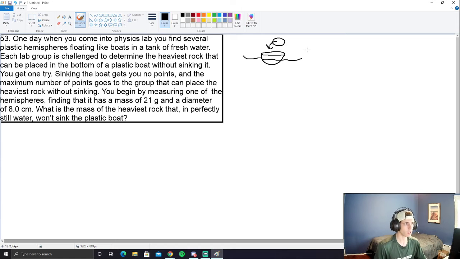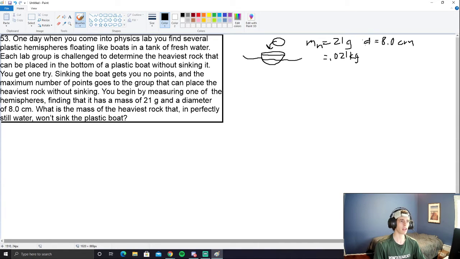plastic boat. So what we know is that the mass of this hemisphere is 21 grams. We also know that it has a diameter of 8 centimeters. If we convert these into SI units, that'll be 0.021 kilograms.